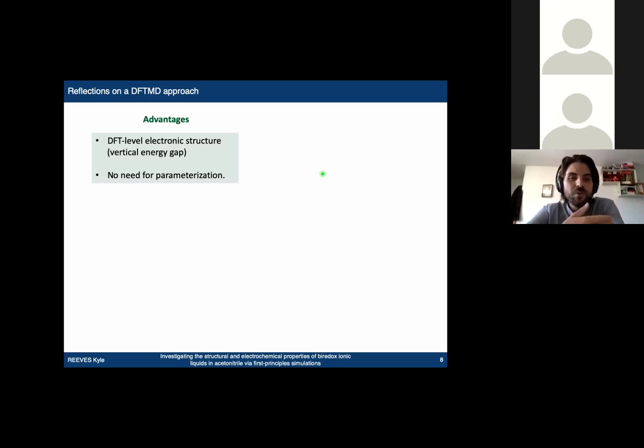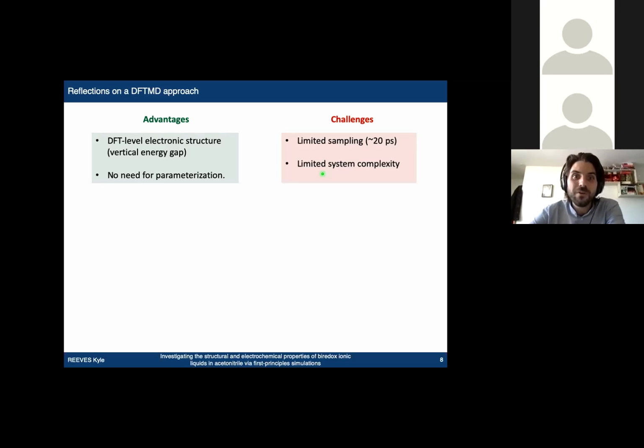You could make the argument there's a choice of exchange correlation functional, but there's no fine tuning a priori to the simulations, and we can launch them and perhaps test the effect of exchange correlation later. The disadvantage is that, as I mentioned, 20 picoseconds is long for me, but in reality there are simulation methods for simulating these systems which can go for much longer.